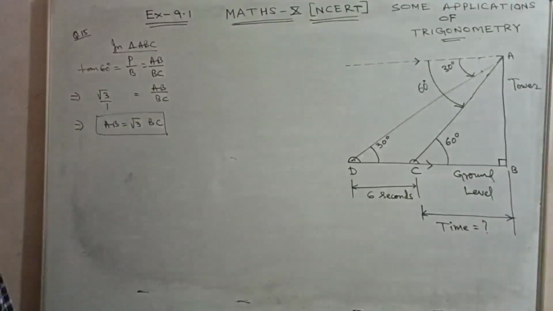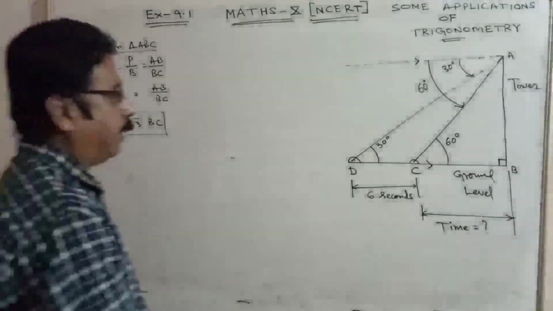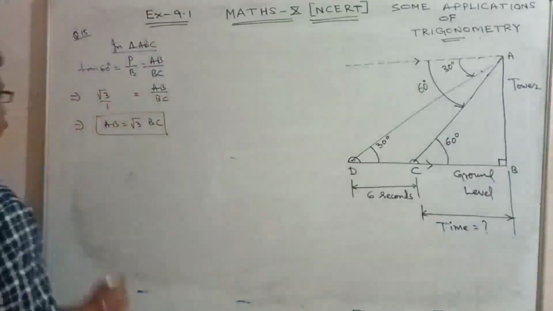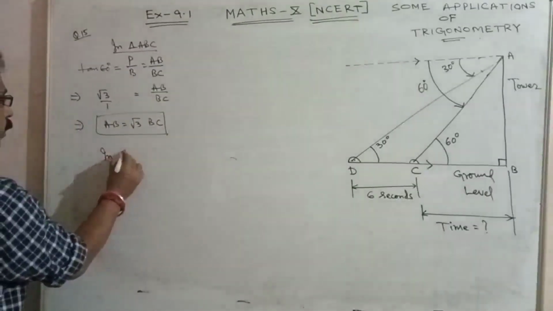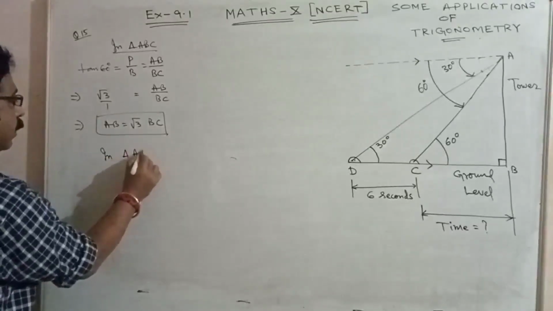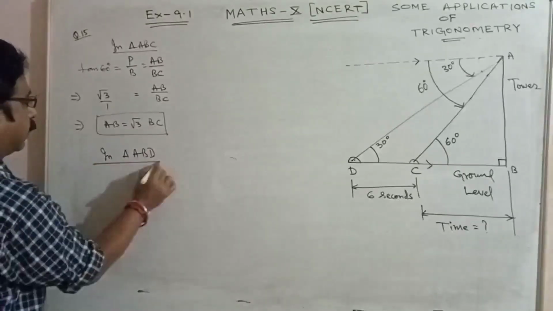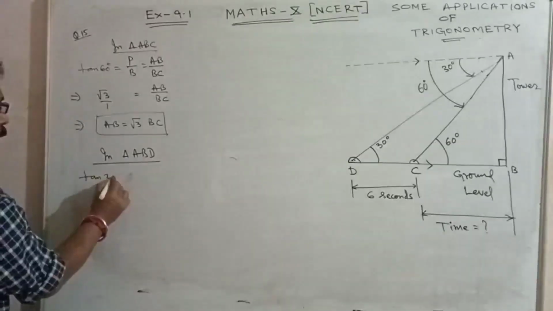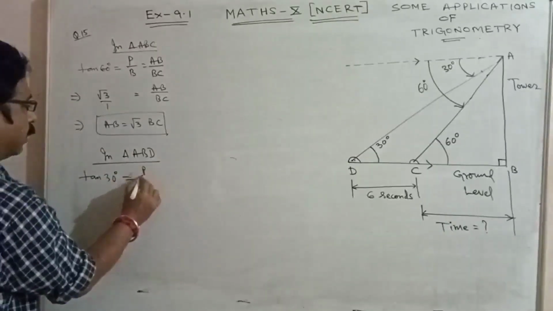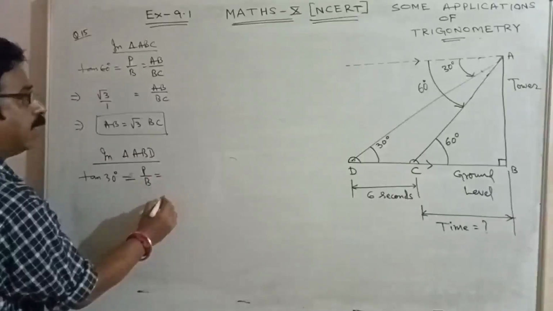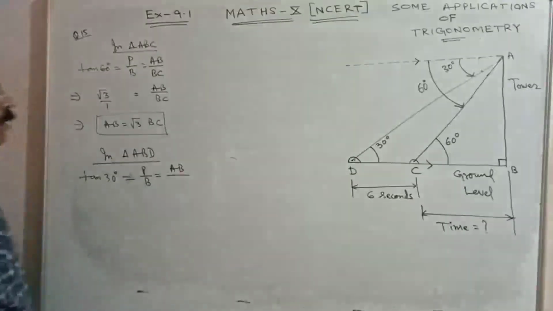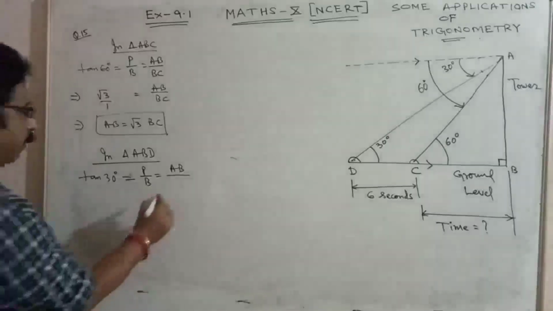Next, in triangle ABD, tan 30 degree. Perpendicular is AB, base is BD.